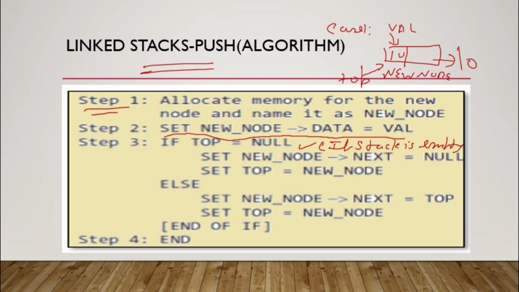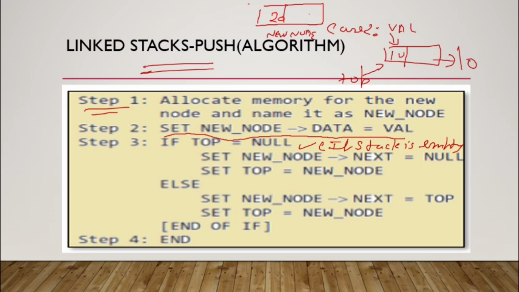Now what happens in case 2? That is the else part. There you're supposed to set new node of next equal to top. You will already have one node, so that becomes the new node. So you put the new node here, let me put a value for that, say 20.